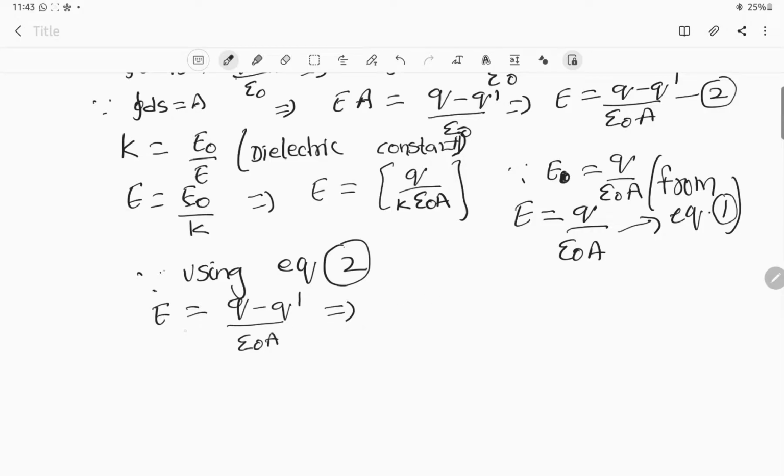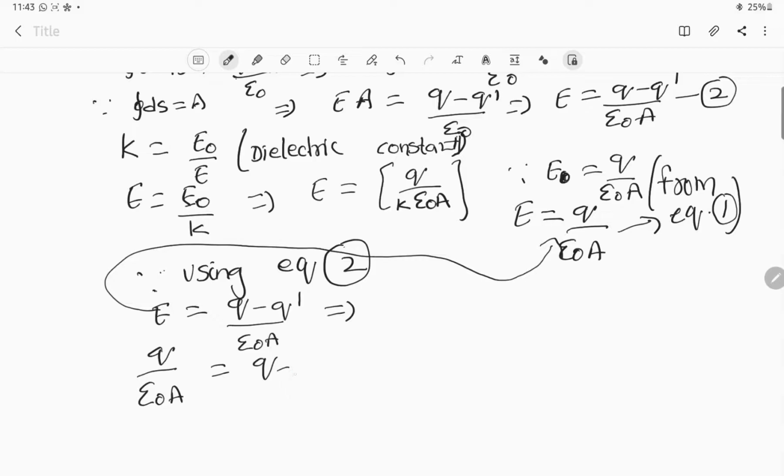You can see this is E. So I can write E is nothing but Q by epsilon naught A, which is equal to Q minus Q dash by epsilon naught A. Clear everybody?